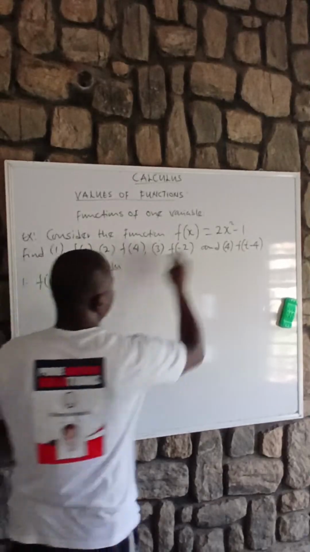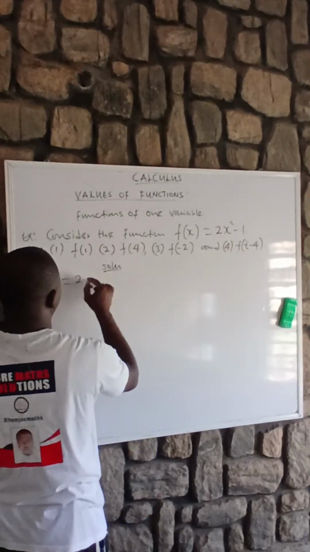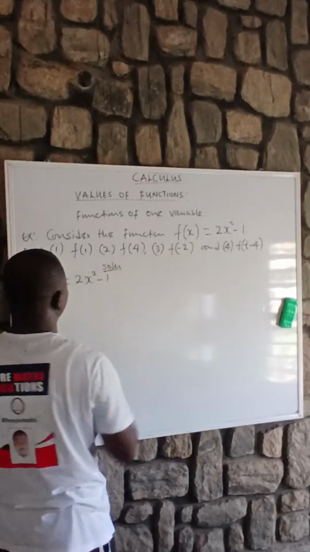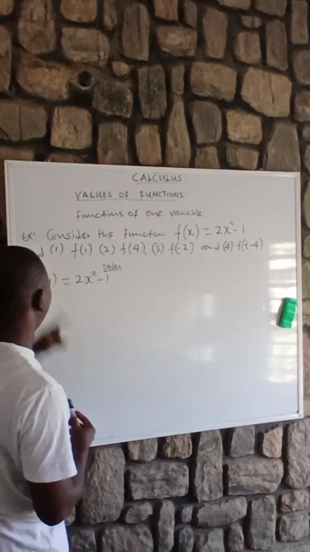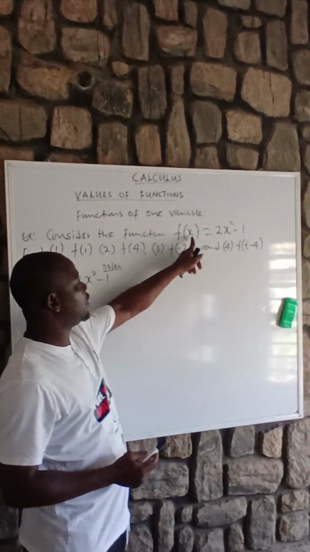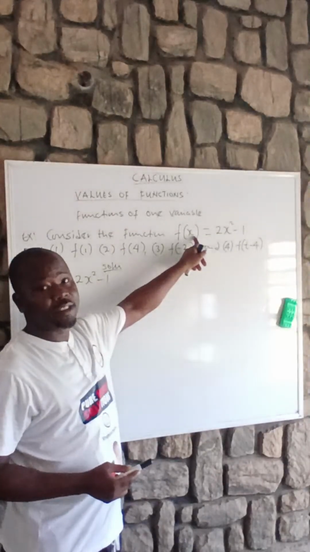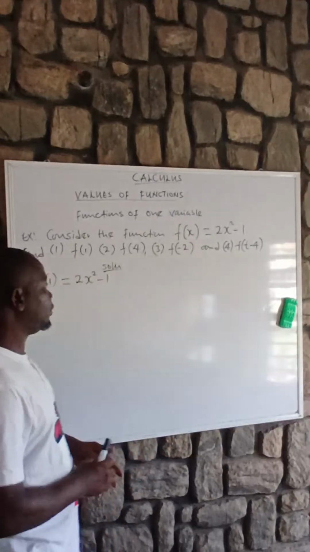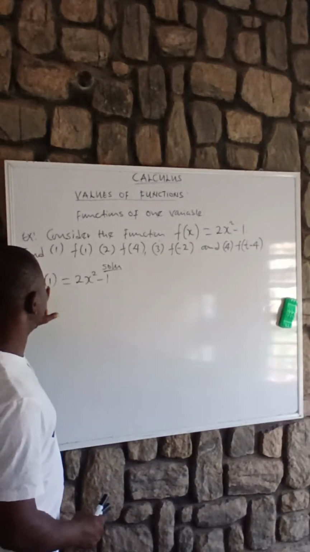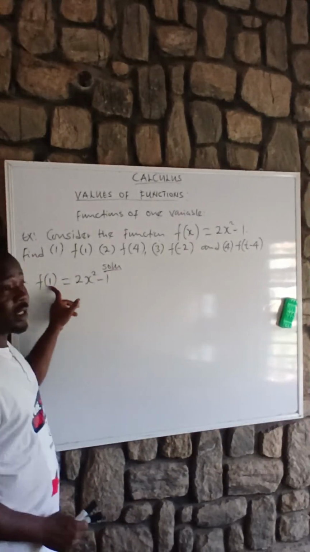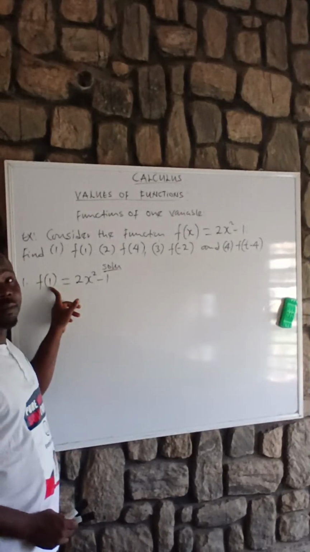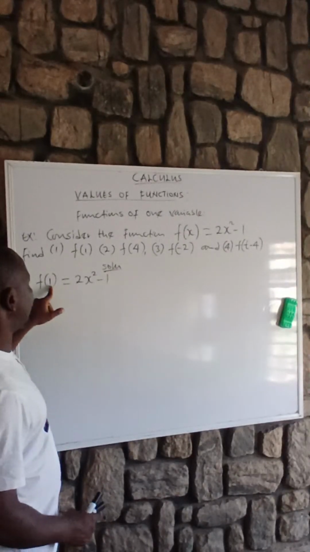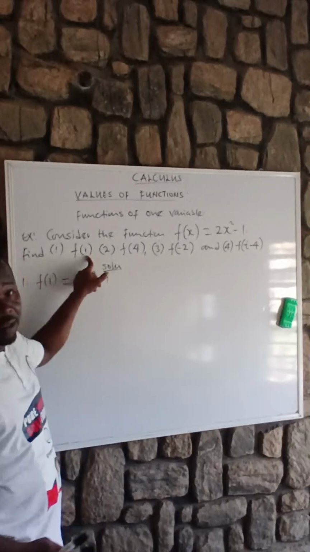The function is equal to 2x squared minus 1. It means f of x is a function of x. This implies that anywhere you see x, you write 1. That is the meaning.